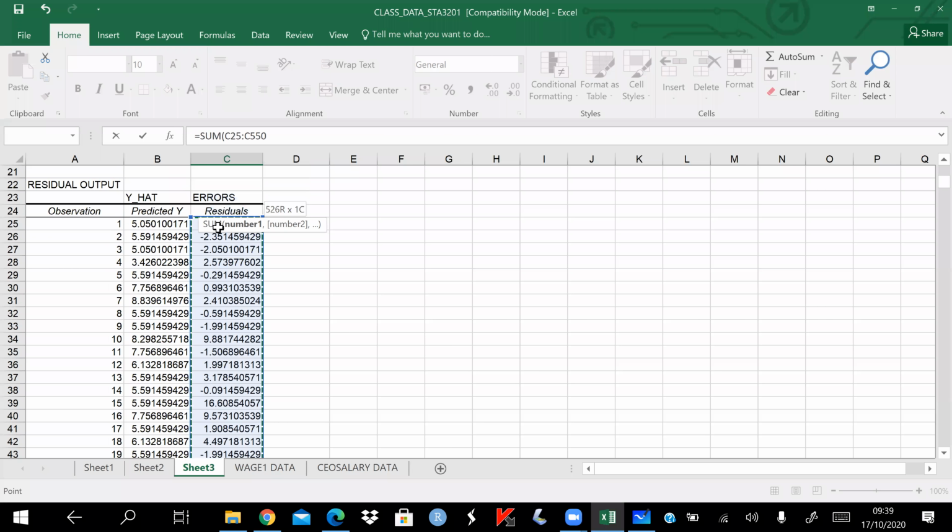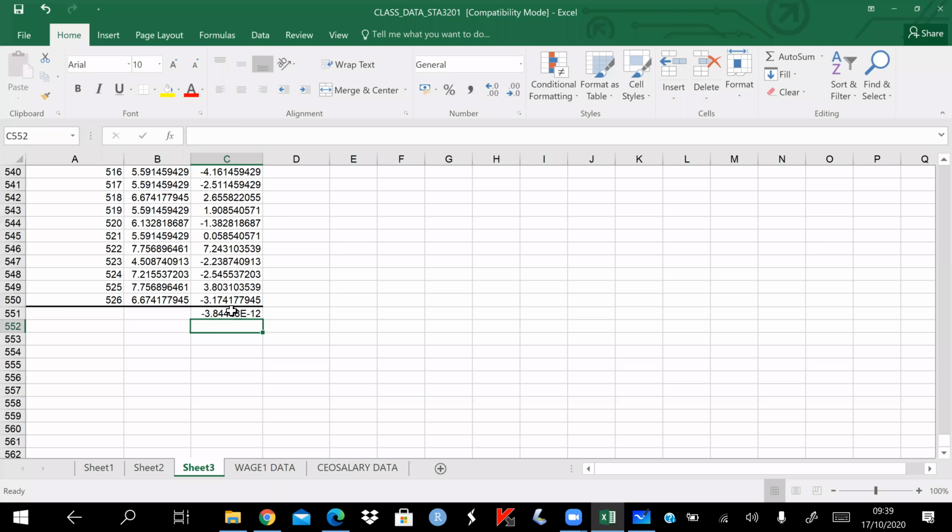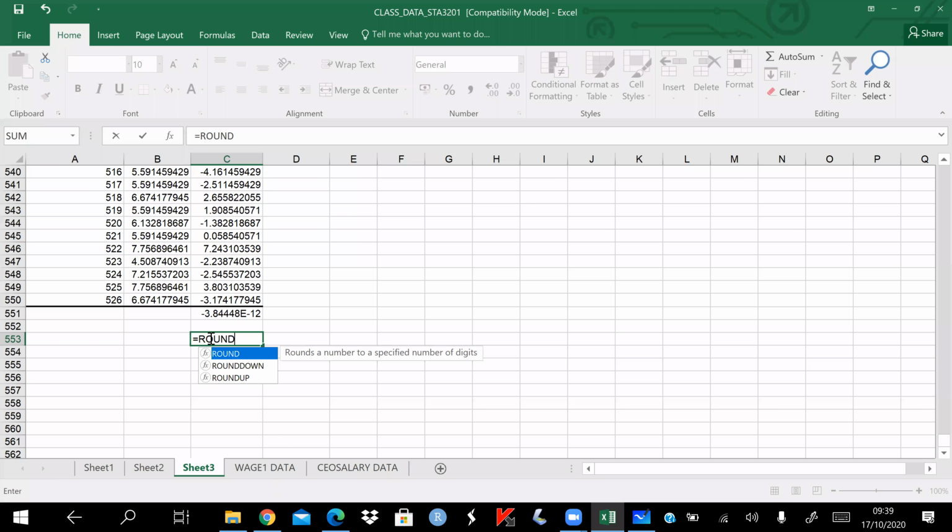you pick the residuals like that, then you get the sum. It's a very small number. It is times e raised to the power minus 12. I want to round this value here to, let's say, 3 decimal places, so that we see exactly what number we're talking about.